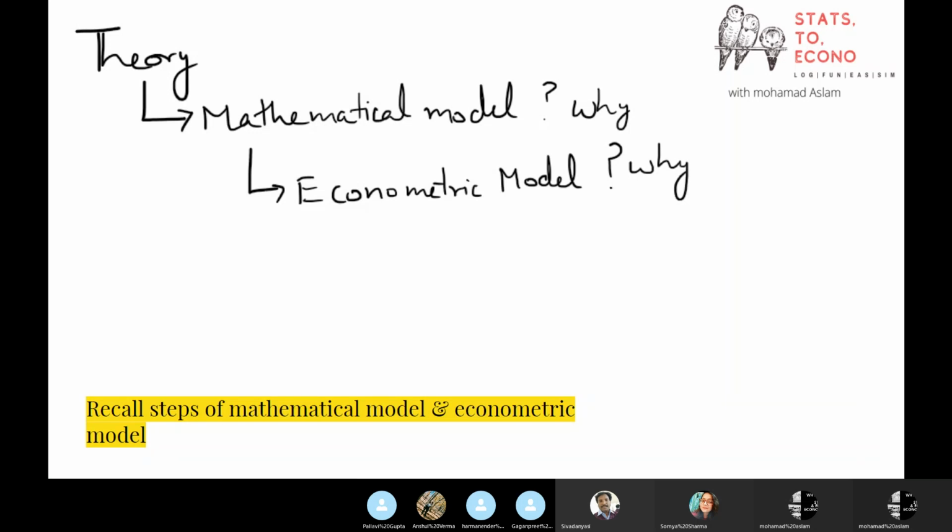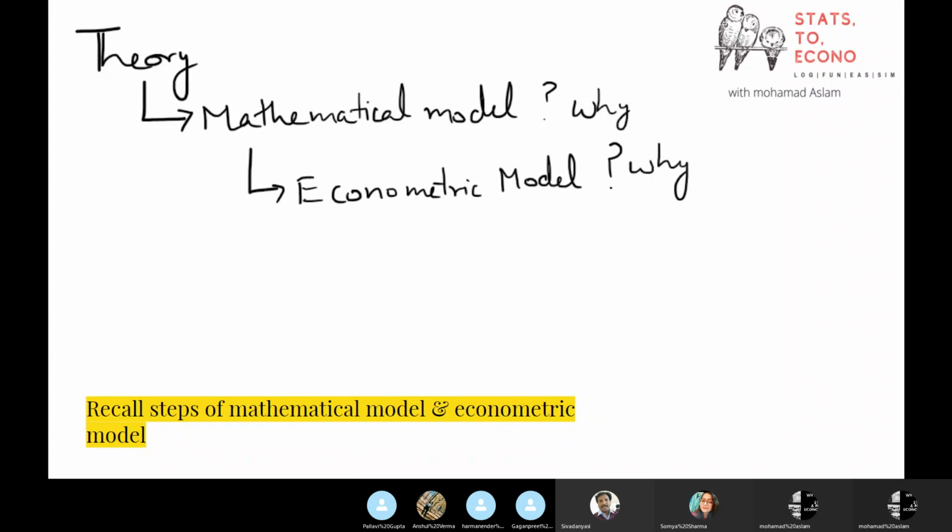Okay. So let's come to the first basics again. Initially, we have some theory, and to find numerical estimates, we converted that theory into a mathematical model. In the mathematical model, you have to clearly define first what variables you are taking, which one is your dependent variable, and which one is your independent variable.